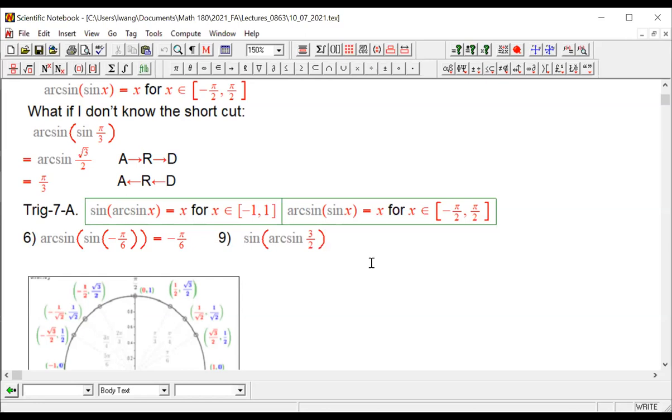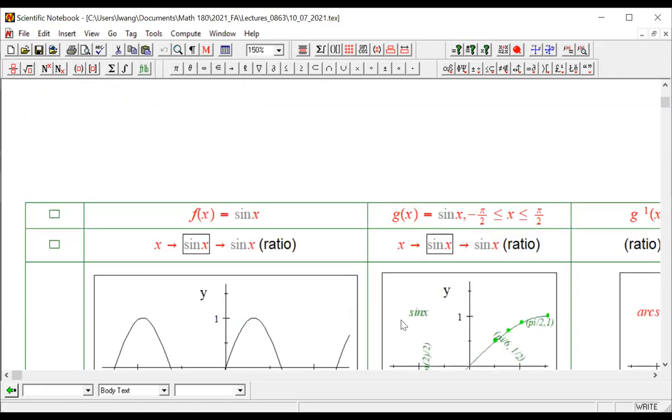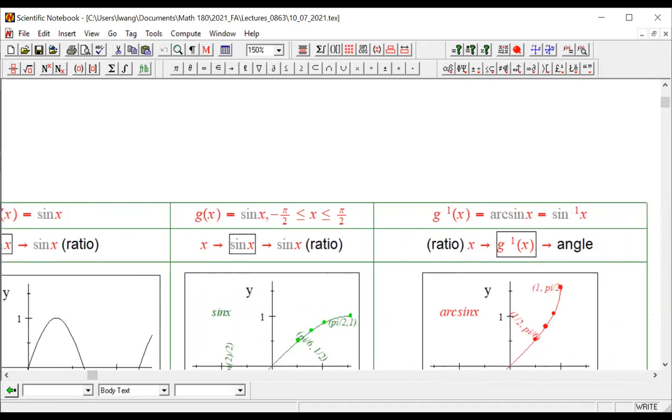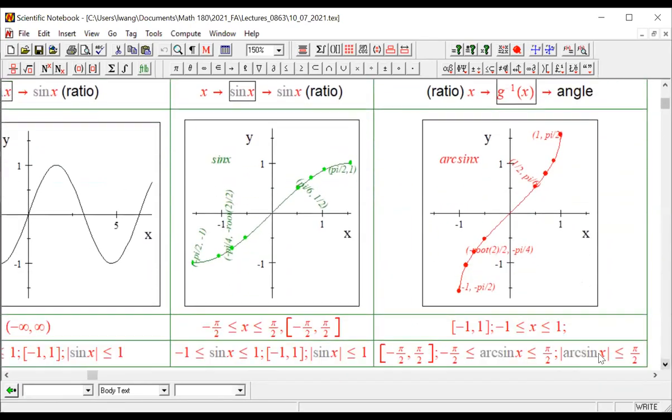How about number 9, the second one? I want to say it's not possible, right? That's right, it's undefined. Wonderful, you got it. 3/2 is outside. What's the domain of arc sine? -1 to +1.